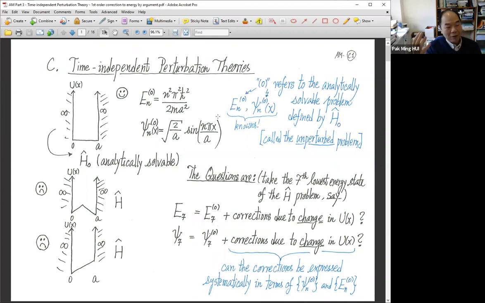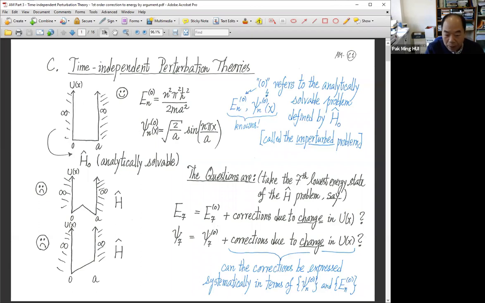But what if we want to know the second excited state or the 100th excited state? Can we do something about it? That is a good question, and that motivated perturbation theory. So let me explain what perturbation theory would like to do.